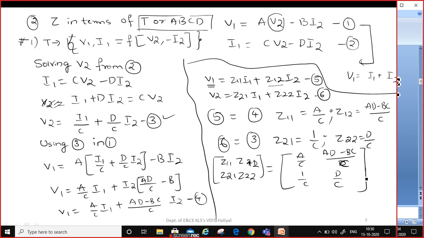Okay, let us go to the third one. Am I audible now? Okay, fine. So, the last one, that is Z in terms of H parameters.